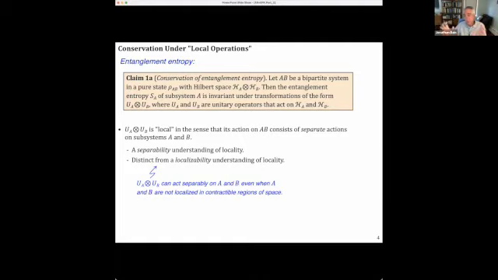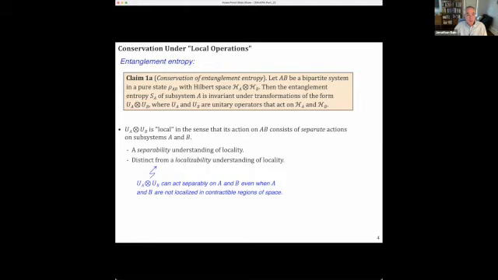The subsystems A and B could be globally extended systems, right? And we can still define the action of this separable operator on them. So it seems like the separability notion of locality can be made distinct from a localizability notion of locality. And it's the separability notion that seems relevant to this claim of conservation of entanglement entropy.